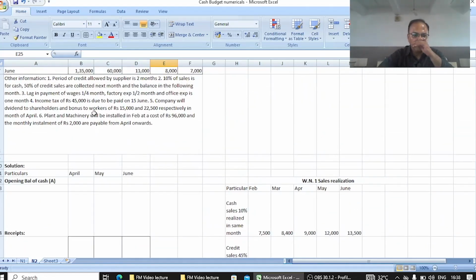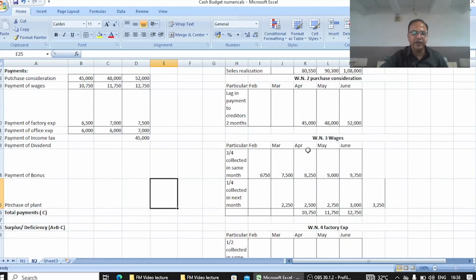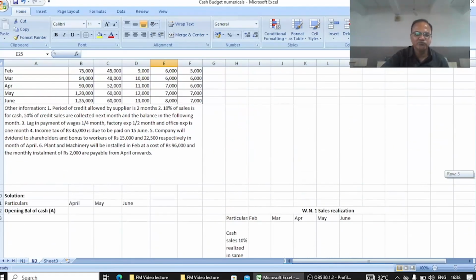Here it is given that dividend 15 and bonus 22.5. Company will pay dividend to shareholders and bonus to workers respectively in month of April.